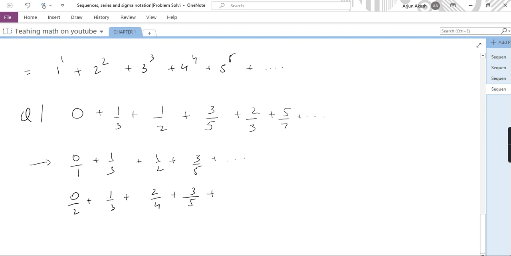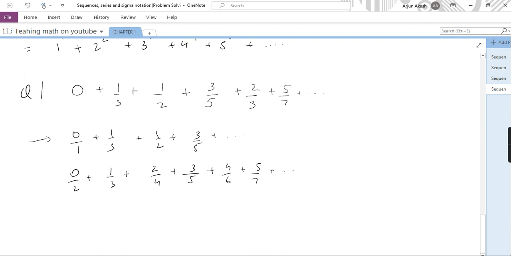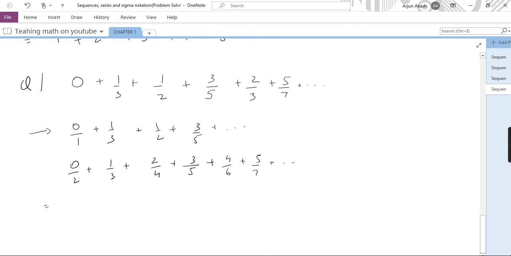So the next number was this, right? That's 4 by 6, then 5 by 7. This keeps on going. And then comes the fun part. In 0 and 2, we can write this as 1 minus 1 and 1 plus 1. This can be written as 2 minus 1, 2 plus 1, right? The next one can be written as 3 minus 1 and 3 plus 1.